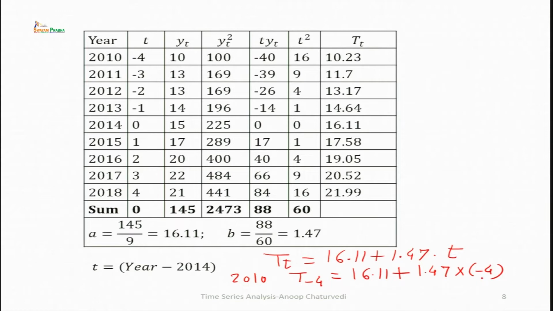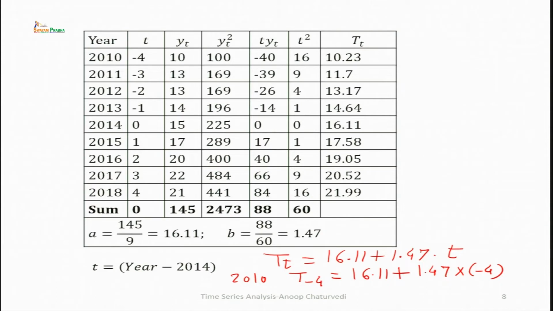Now, you can easily solve it. Ultimately, you get 10.23. Similarly, you can obtain other trend values also. You take t equal to minus 3, you get 11.7 and so on. So, once you fit the straight line, you can easily calculate the trend values corresponding to different time points.